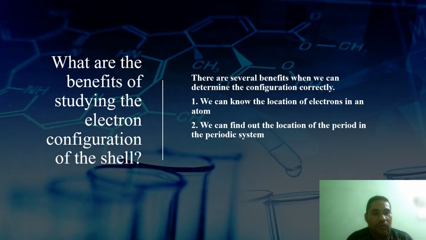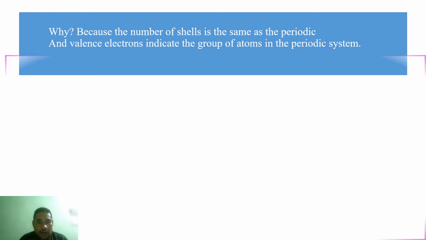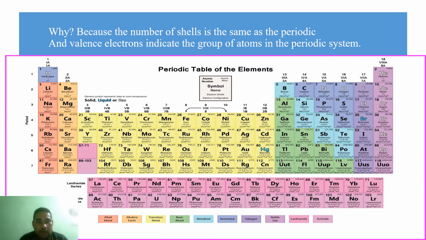We can find out the location of the period in the periodic system and can determine the location of the group in the periodic system. Why? Because the number of shells is the same as the period, and valence electrons indicate the group of the atom in the periodic system.